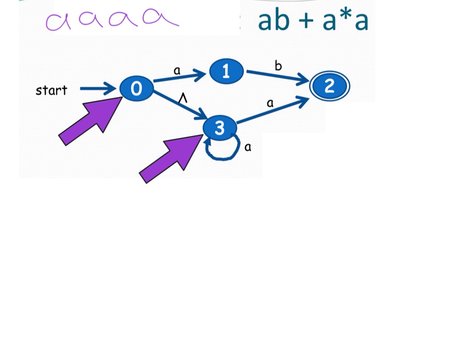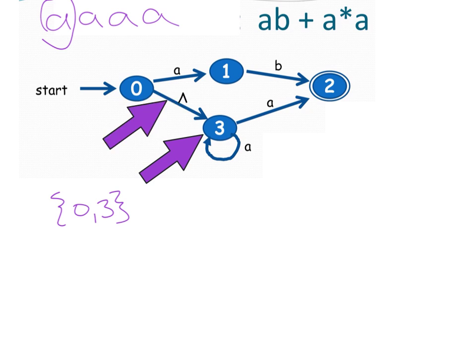And then I say, all right, now let's process this first letter. And where can I get to if I process an A? If I process the A, and I'm starting at state 0, which is one of the possibilities, and I'm ignoring lambdas now, then it looks like my only choice is to go from state 0 to state 1, right? So now I know that one of the places I could potentially be is state 1.